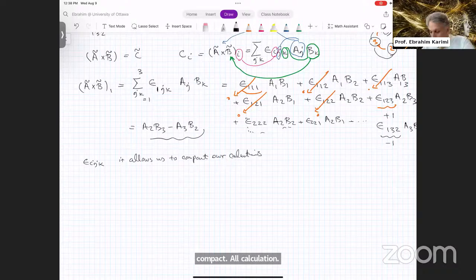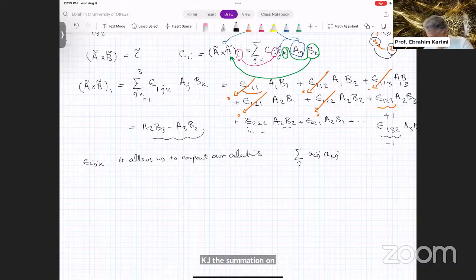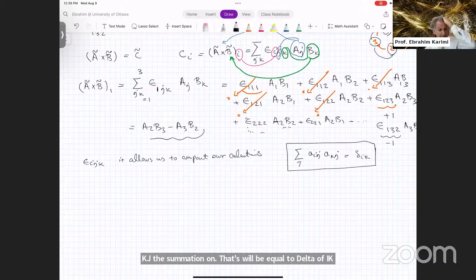Do you remember that we had the cosine components, Aij? I say that Aij, Akj, the summation on j, will be equal to delta of ik. That was the orthogonality relationship which we had in the previous lecture.